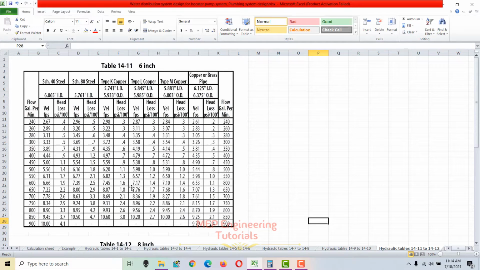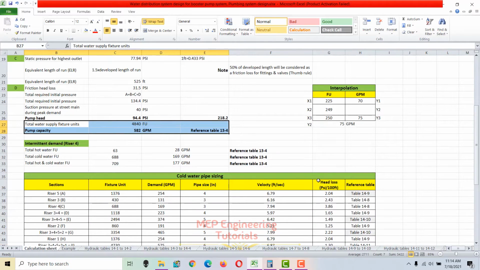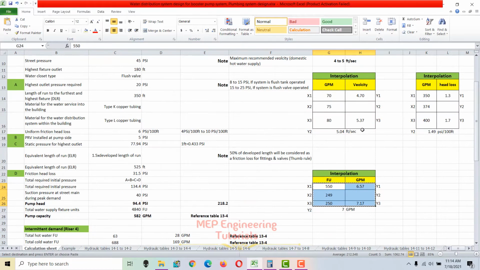At 550 we have 6.57 velocity, and at 600 we have 7.17 velocity.